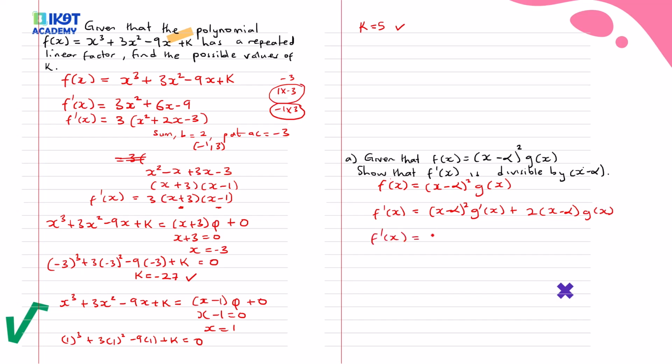You factorize out x minus alpha, so you get x minus alpha times g prime of x plus 2 g of x. So here I've shown that the derivative is divisible by this, and by just doing this we've shown it. Though I didn't go that long, you should know that we're using the product rule.